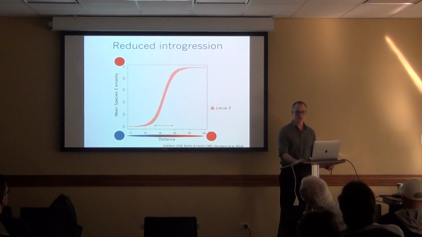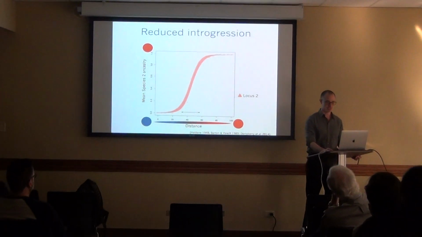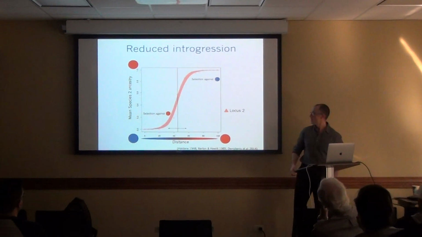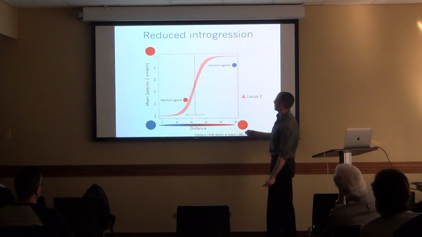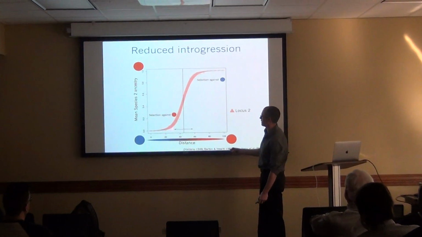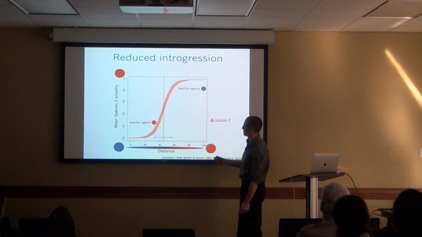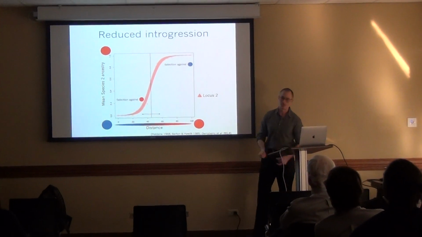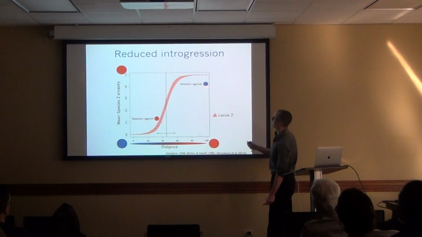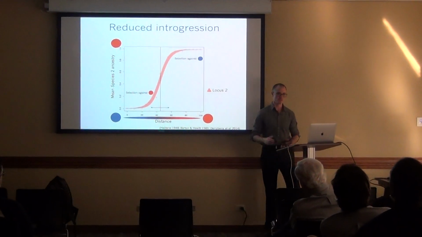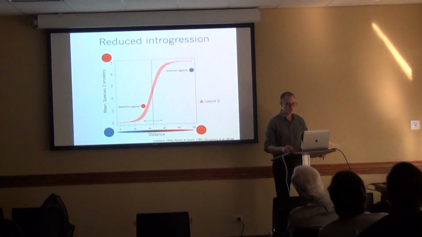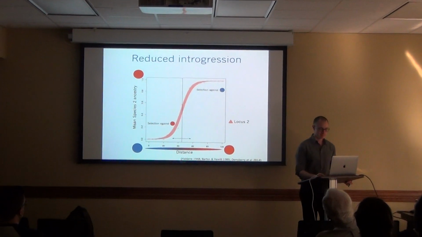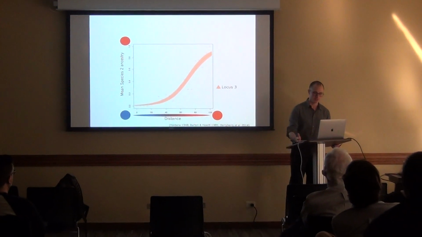So as you can see, the width tells us a lot of information, and also the center. So in this half of the cline, we can assume that there's selection acting against the red ancestry. And on this side of the cline, there's a lot of selection against the blue ancestry, which is making this reduction in the width.